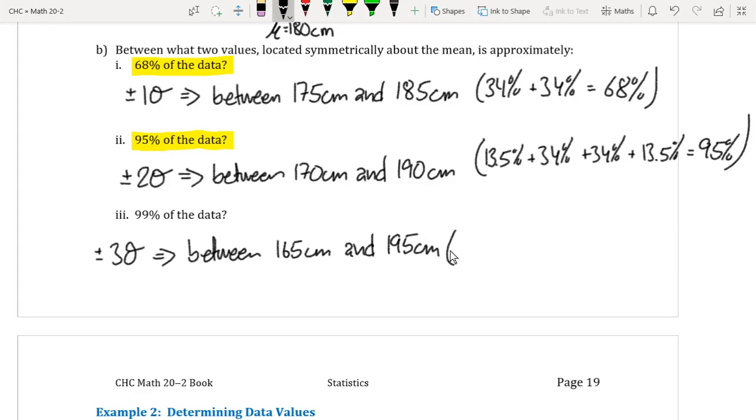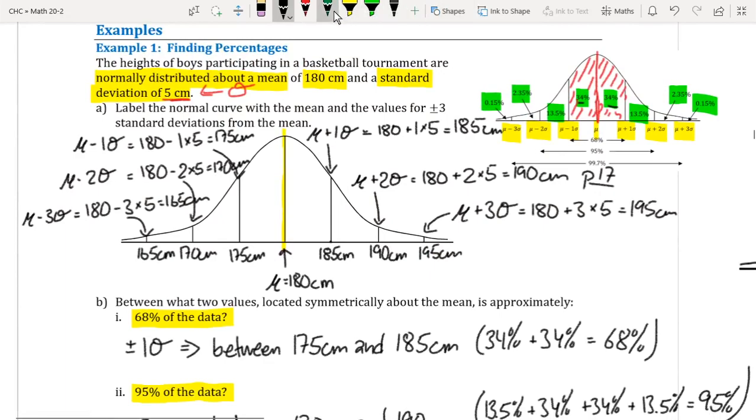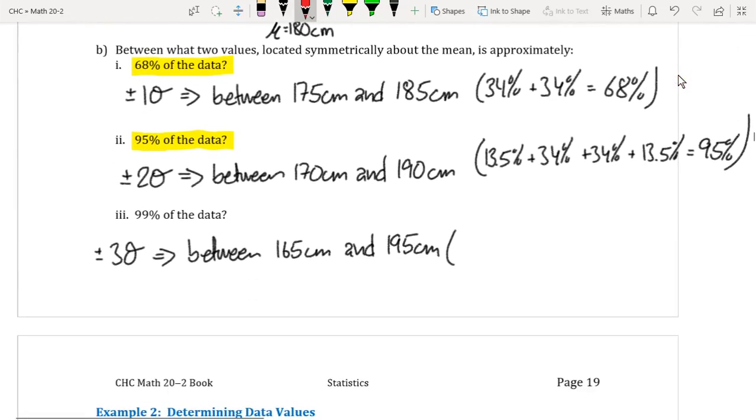And if we add up the percentages from 3 standard deviations below the mean, we're basically adding up all of these percentages here. It will add up to 99%. So we're going to be adding up 2.35% plus 13.5% plus 34%.